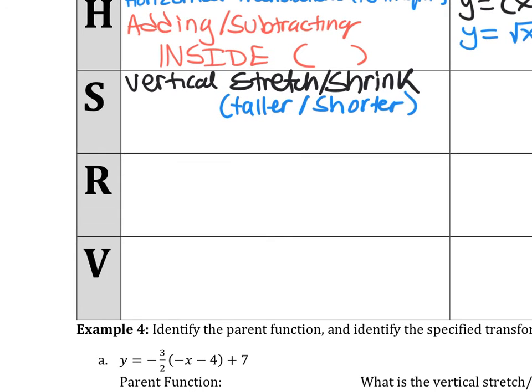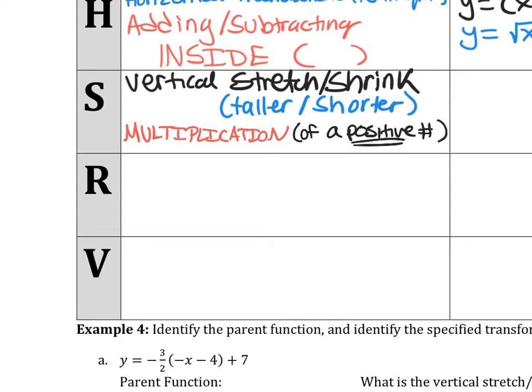And how we identify stretches and shrinks in an equation is when we have multiplication by a positive number happening on the outside of the parentheses. Again, it's important that you deal with only positive stuff with stretches and shrinks, because remember the negatives are the reflections, they're their own thing. So stretches and shrinks will always be positive numbers.